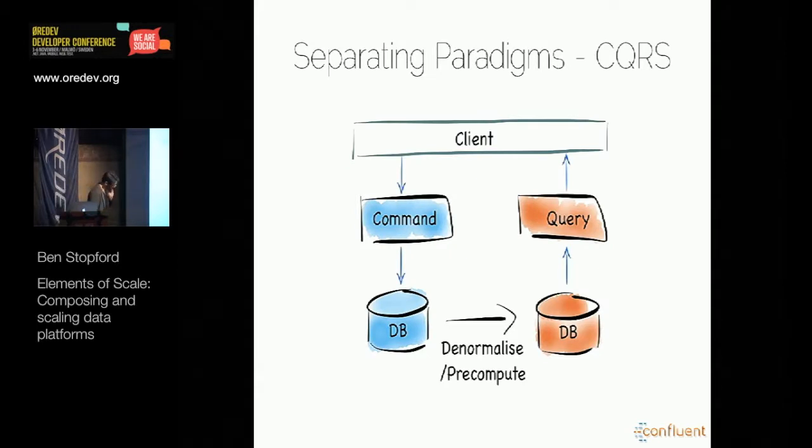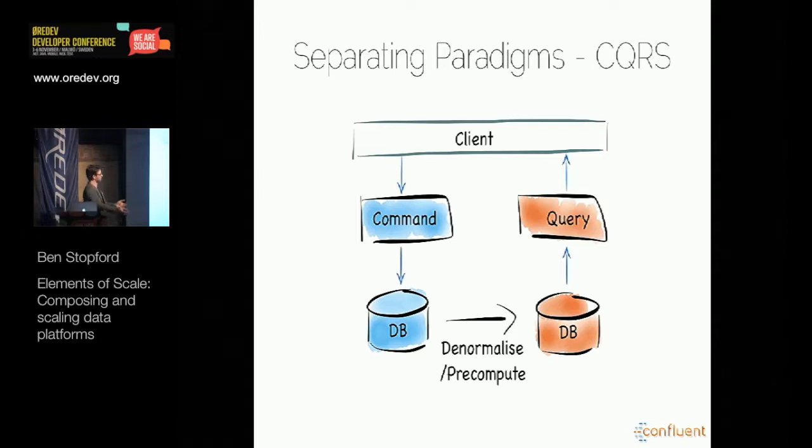So one of the patterns which promotes this idea is CQRS, which is command query responsibility segregation, an extremely simple idea. In this context it can be summarized as simply splitting our writes from our reads. We have a command come in, and we write that into something which is write optimized, right? So this might be an LSM-based approach.